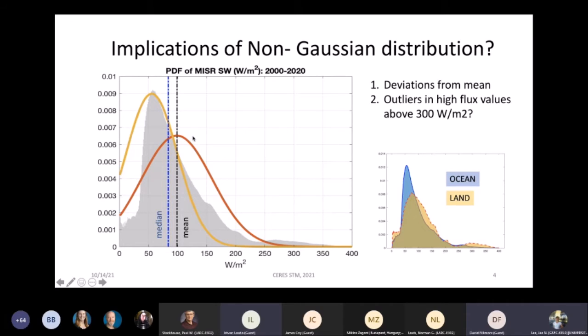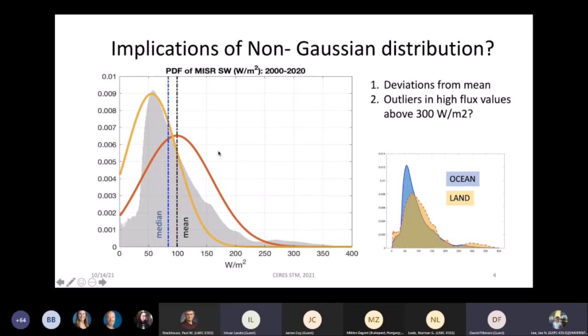In fact, the normality of the distribution is one of the underlying assumptions in data analysis. In practice, however, the TOA shortwave distributions deviate from the normal distribution. They are not well characterized by the mean and standard deviation, because the mean is greater than the median value, and it can overweight the average values.